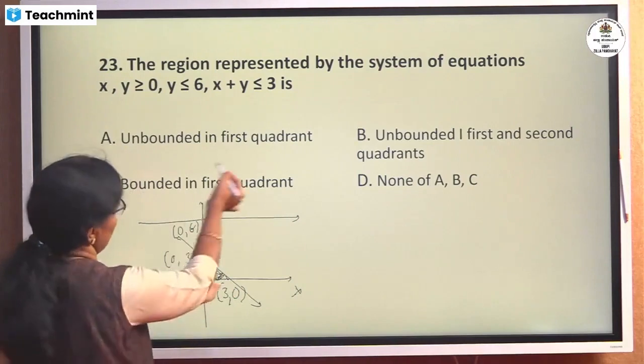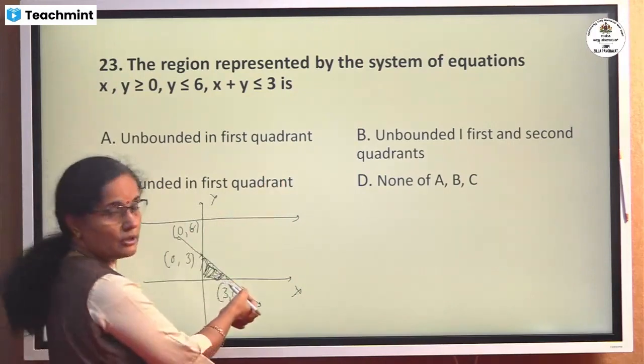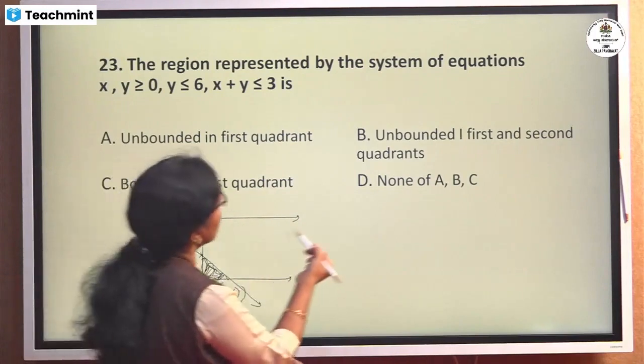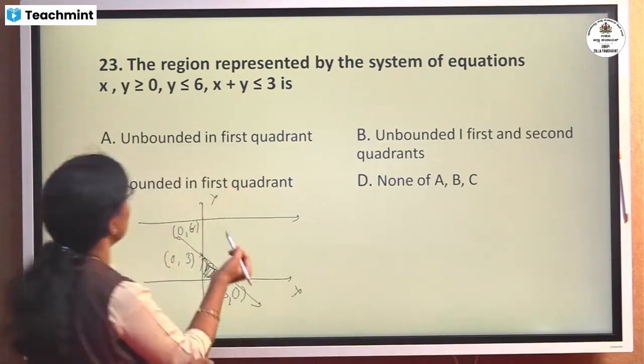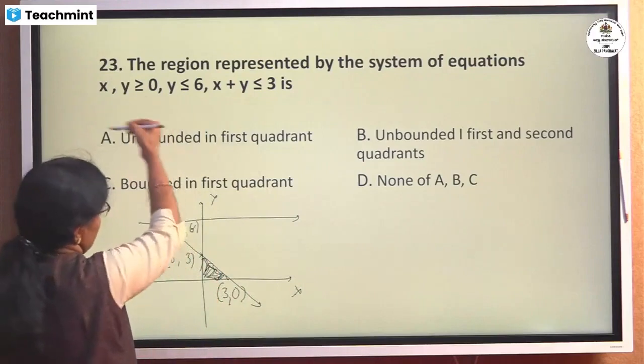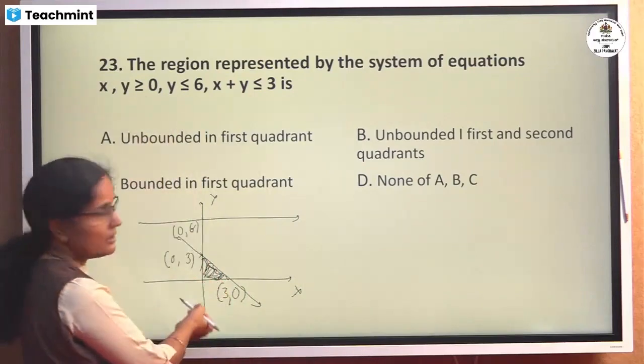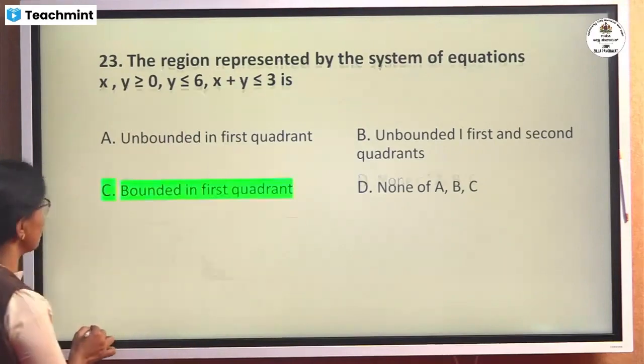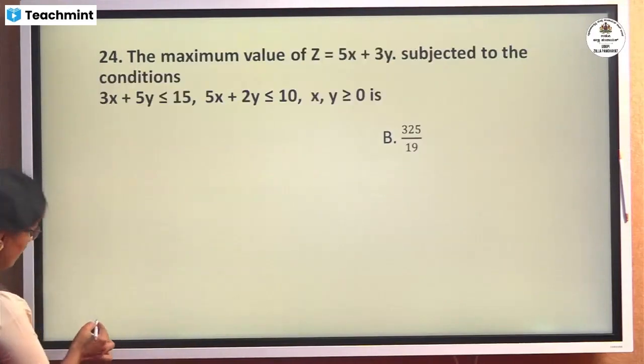Therefore, unbounded in the first quadrant? It is not unbounded. The common solution is here only, not unbounded. So unbounded in the first and second quadrant? No, non-negative constraints are there. Therefore, the solution will not extend to the second quadrant. Bounded in the first quadrant. That is the correct option. Bounded in the first quadrant. So that's the solution that you get.